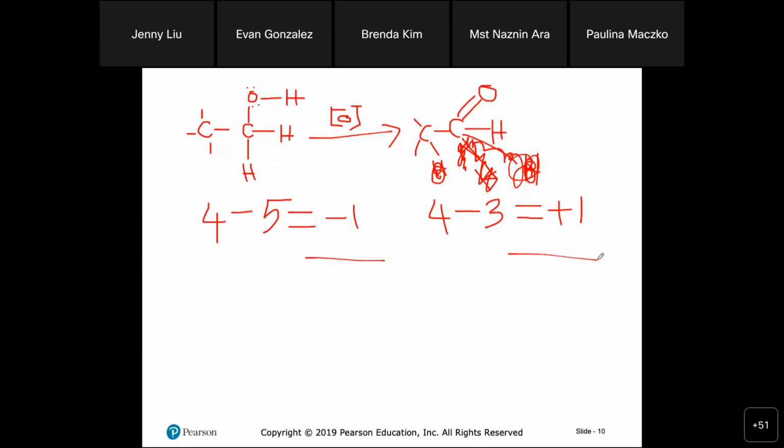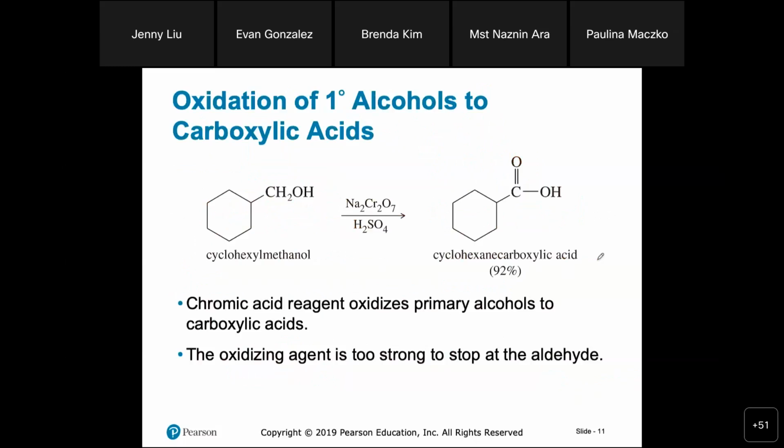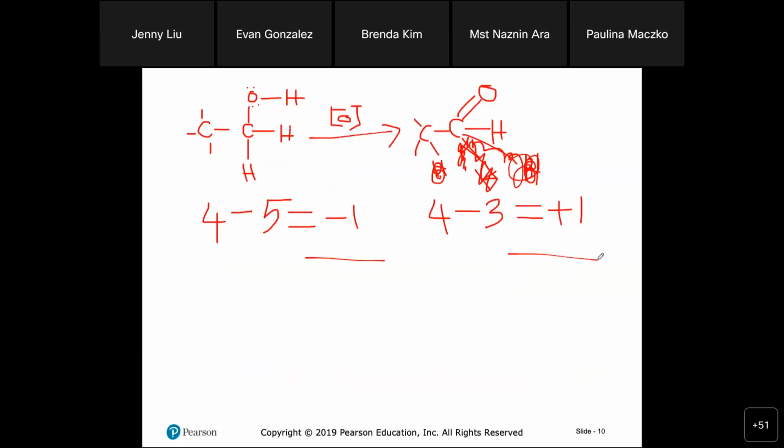This is just a reminder, because this is not part of your syllabus; we already completed it in our past semester. I just want to remind you that this is how we can calculate the oxidation state to prove that this is an oxidation reaction and that oxidation is happening. So try to remember. Now let's move on, and I will cross check.